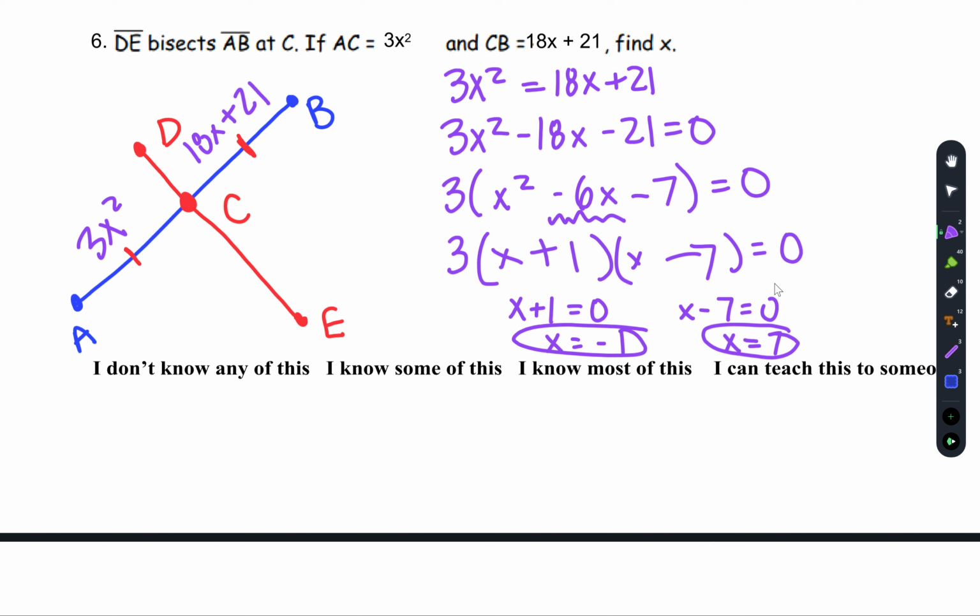If one of them ended up not working and we got a negative answer, we would just cross it out, right? It's one of the solutions to our factoring, but it is not an answer to our actual problem. This time, they all worked out for us, though. Any questions on this? I'm going to make a little note. Check for negative lengths. Any questions?